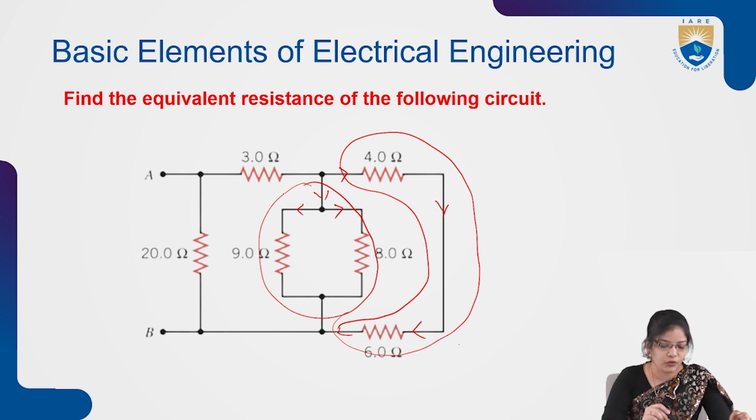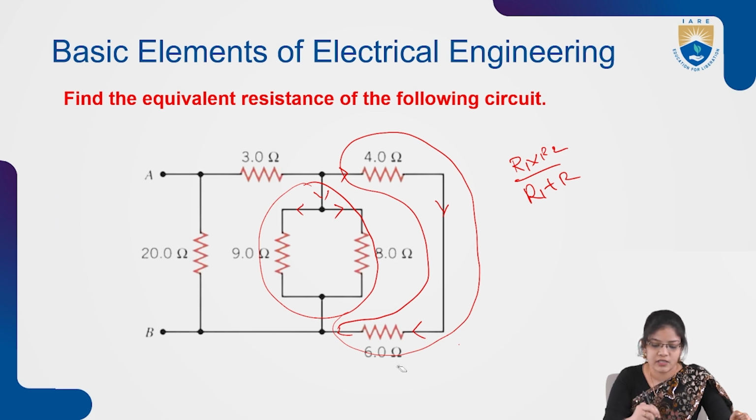After that, we have to reduce. If these two are in series, we have to add, and if these two are in parallel, we have to multiply, as we know, R1 into R2 by R1 plus R2. By using this formula, we have to reduce the circuit.